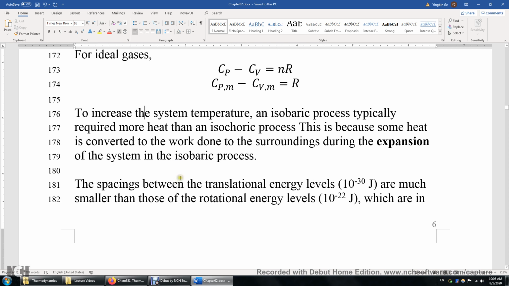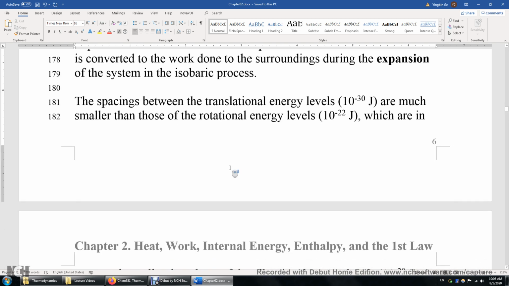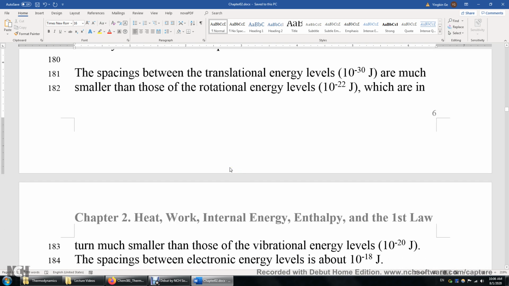Now let's look at the heat capacity from the molecular level perspective. In quantum mechanics, all molecules occupy discrete energy levels. Now let's look at the translational, rotational, vibrational, and electronic energy levels.